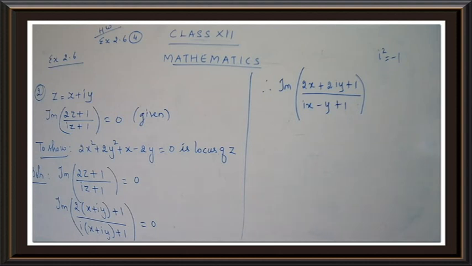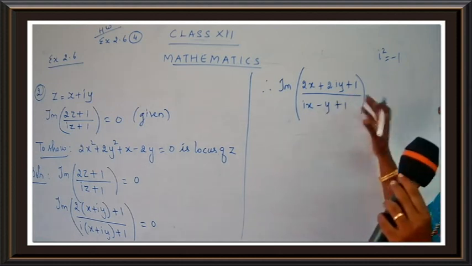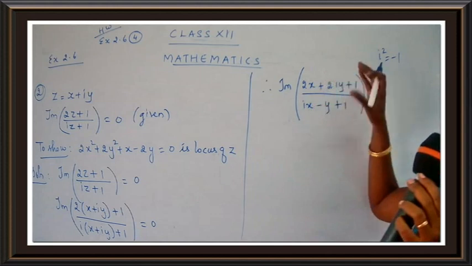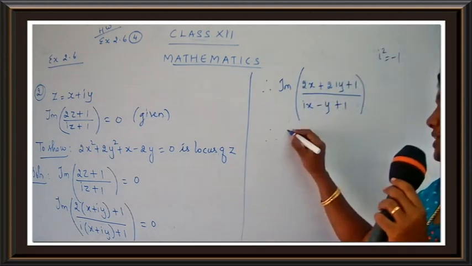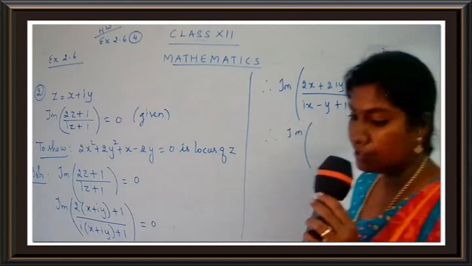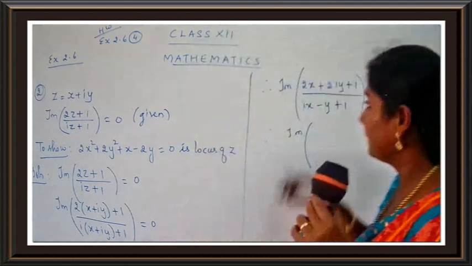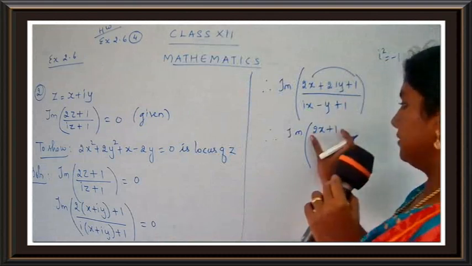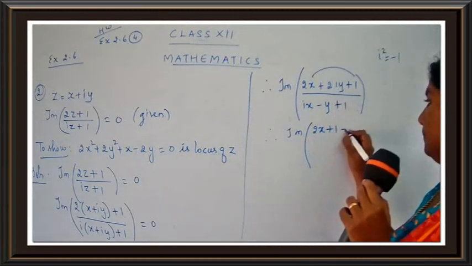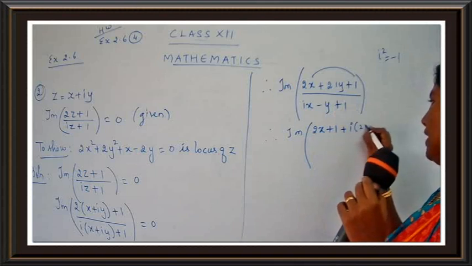So now what we are going to do is write this in the form of a complex number, the real part and the imaginary part. So let us group it properly. Take the real part, 2x plus 1 without i, plus i 2y.